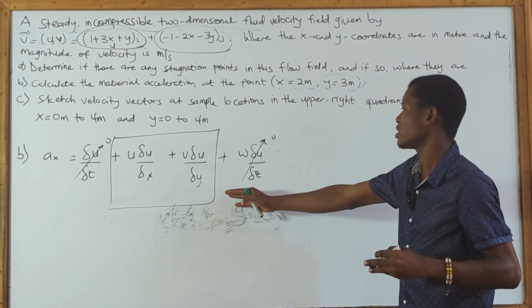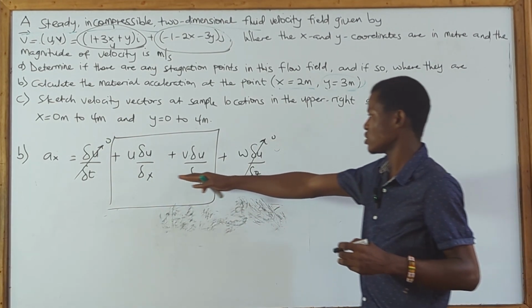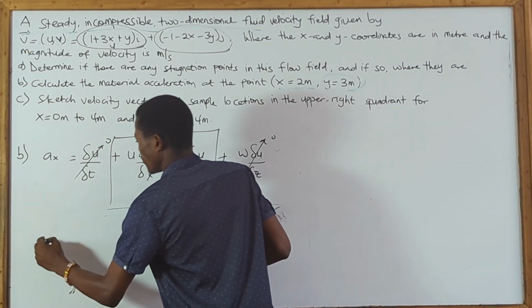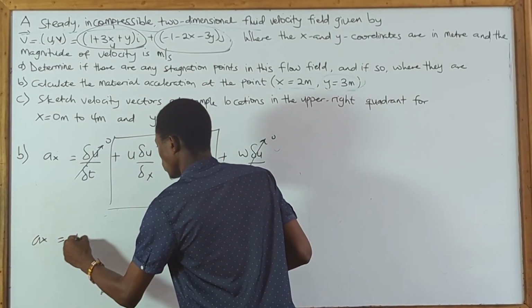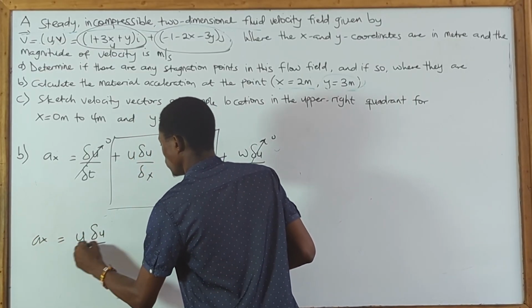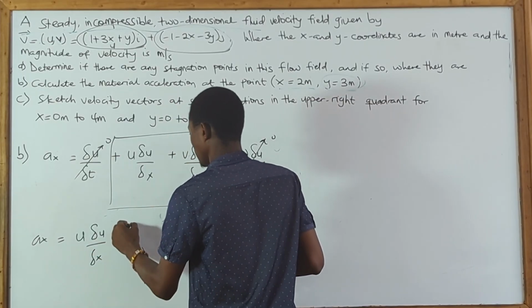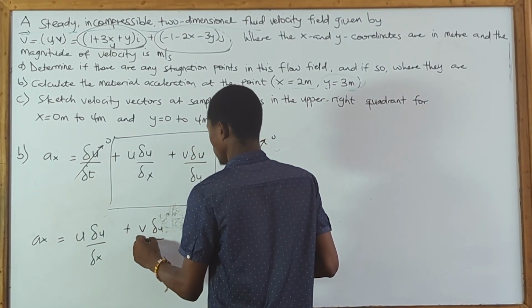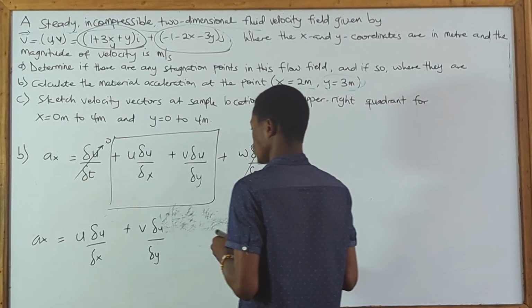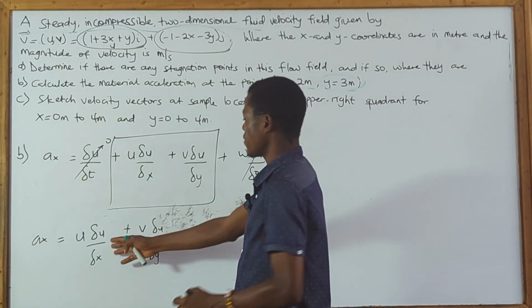So this makes our equation simple. So we are going to get ax is equal to u du dx plus v du dy. So we are going to find this.